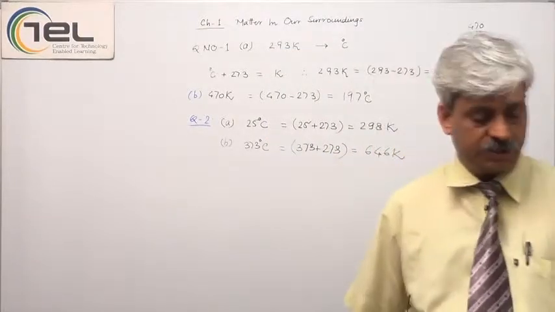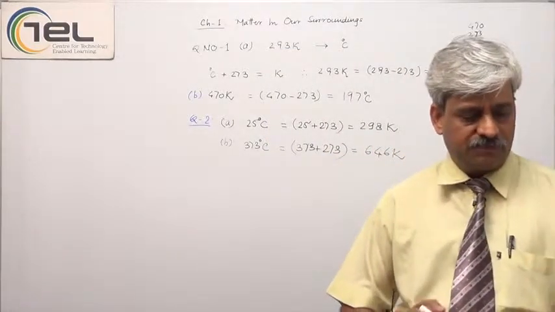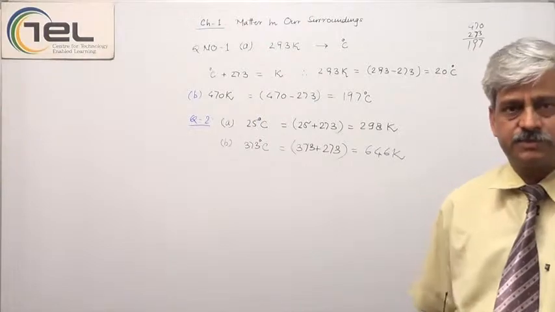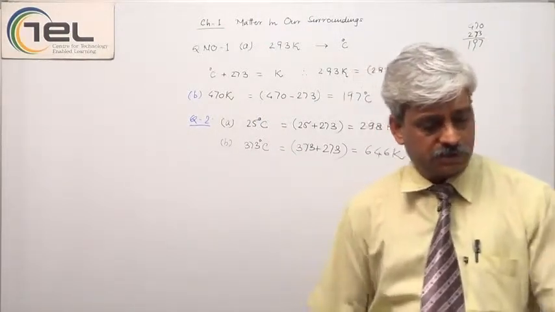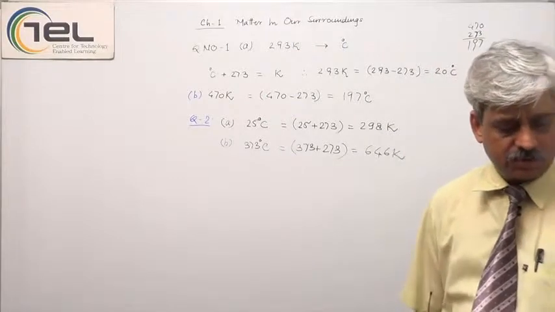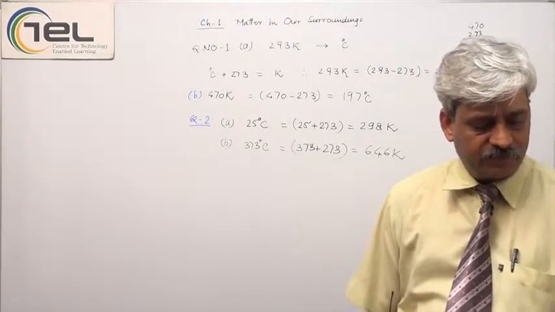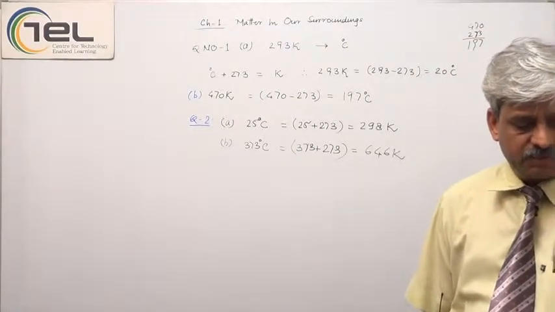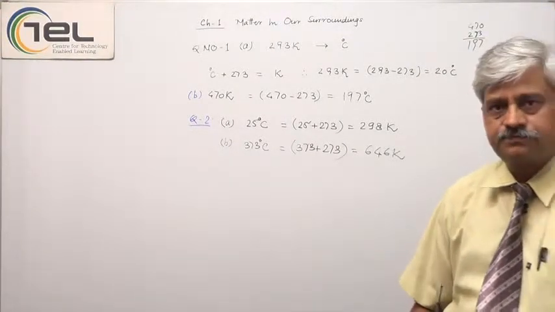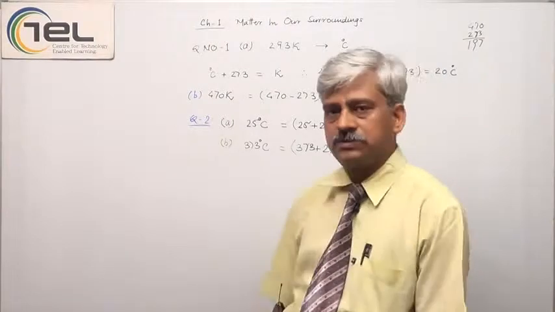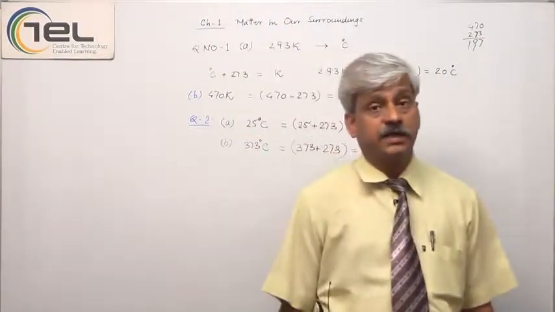Then in question number 3, give reason for the following observations. I think you must have got these two questions, that we have done the conversion of the temperatures. Then the third question is: give reason for the following observations. Naphthalene balls disappear with time without leaving any solid. You know that there are certain substances which are sublimating in nature.